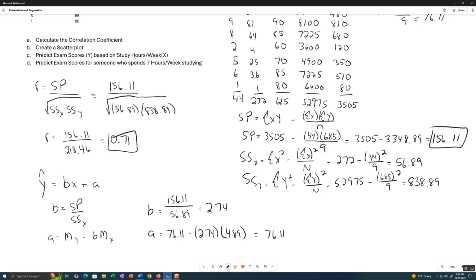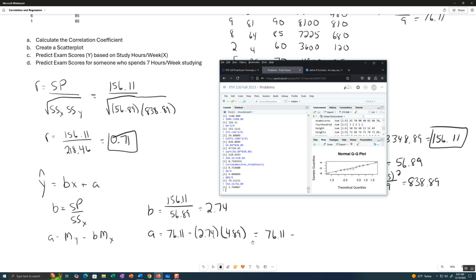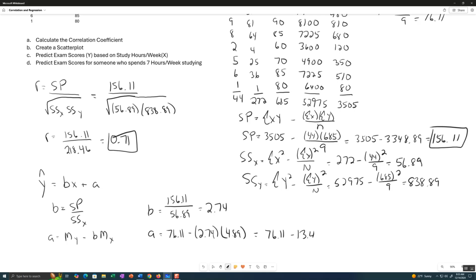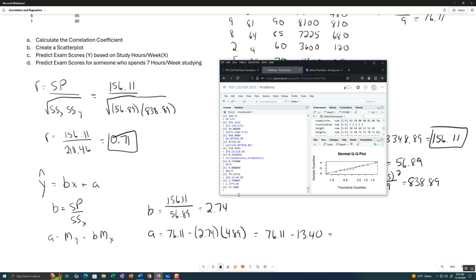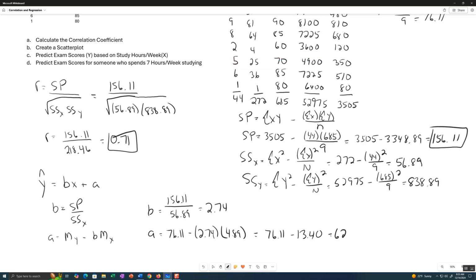So that's 76.11 minus that product, 2.74 times 4.89, 13.40 rounded. 76.11 minus 13.40 is 62.71. So that's my slope, that's my y-intercept.